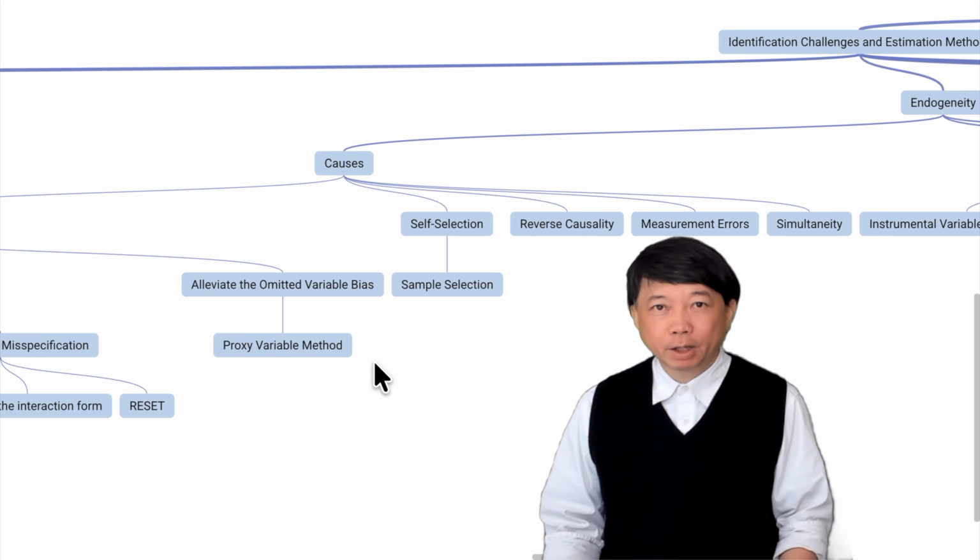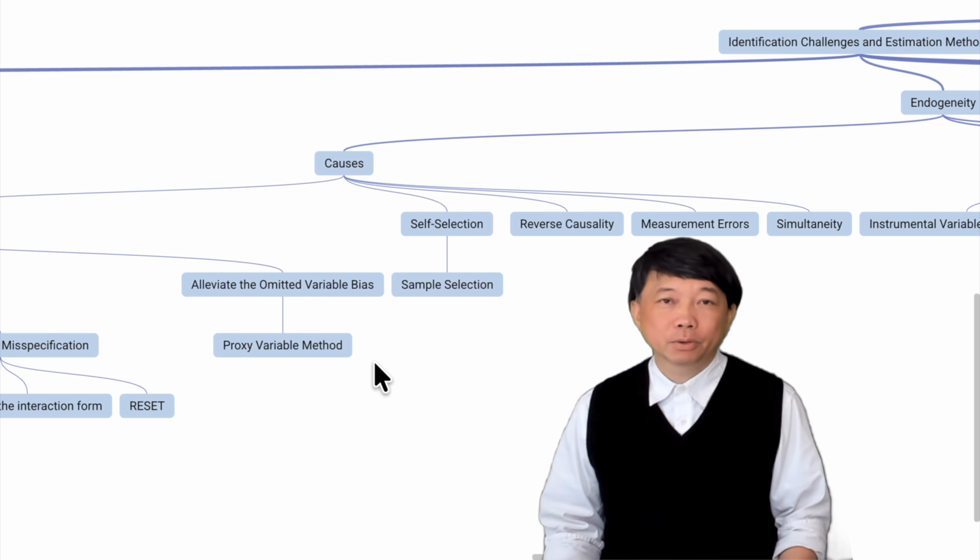If the remaining variation in the omitted variable after parceling out the effect of the proxy variable is not correlated with the explanatory variables in the model, then the OLS estimators are unbiased and consistent. On the contrary, if the variation in the omitted variable after we have parceled out the effect of the proxy variable remains correlated with the explanatory variables in the model, the OLS estimators remain inconsistent under the proxy variable method.